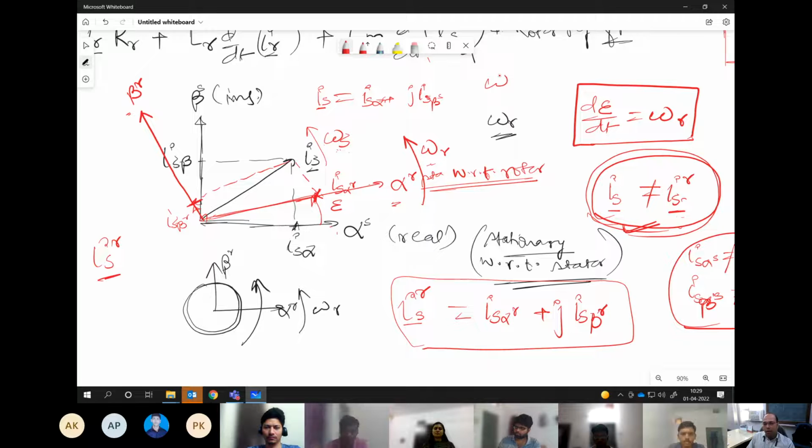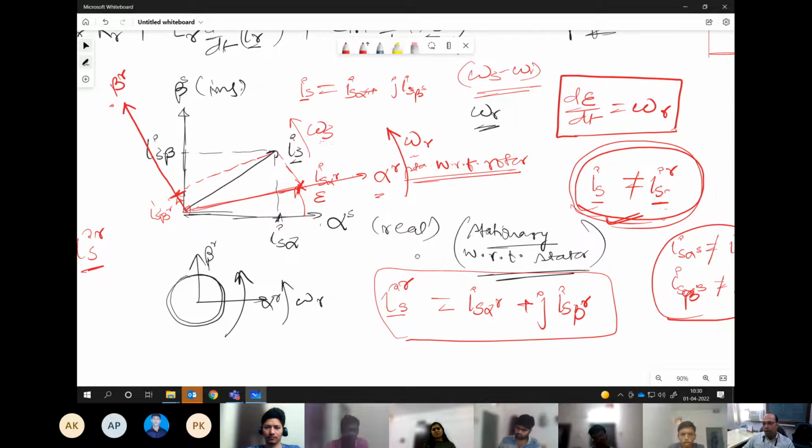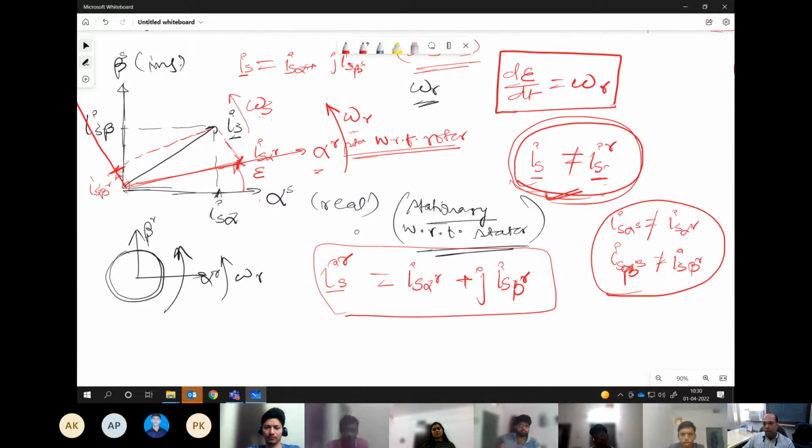It will be the difference of the two, omega s minus omega r, which is why these projections must also be different. What we are seeing on the stator alpha beta axes and what we are seeing on the rotor alpha beta axes. So our objective now is to obtain, if this is not equal, then what is this? You understand my point? So this is what we try to do over here.